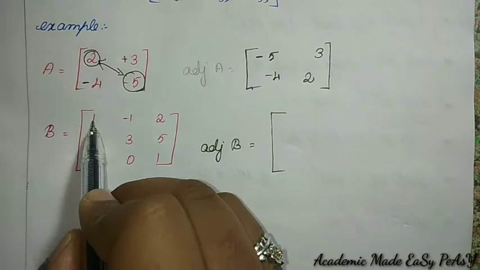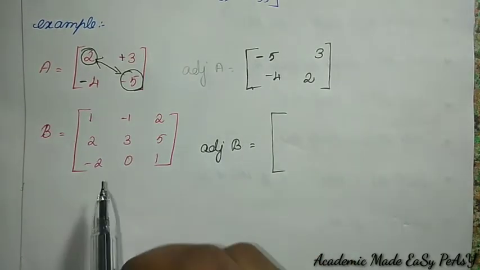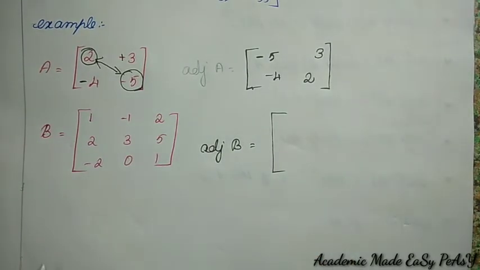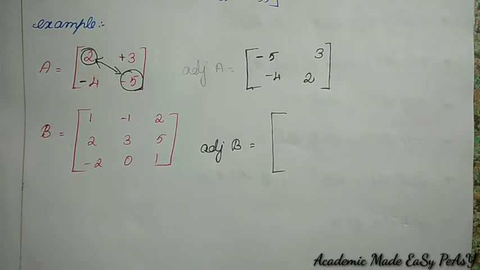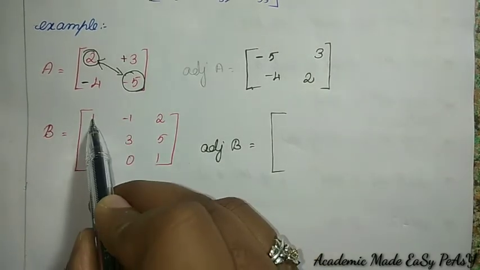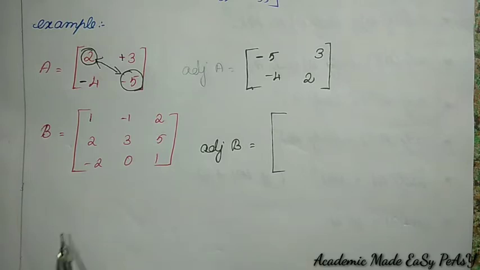I'm going to take the cofactor for each and every element. We will not be using a long method to find the cofactors. Cofactors are just a step in the adjoint of B, so we will be doing it directly. Be very thorough with cofactors. I will teach you a method or trick also.